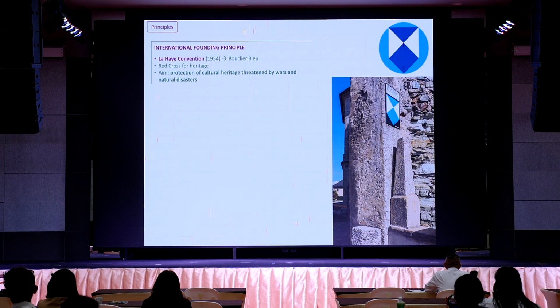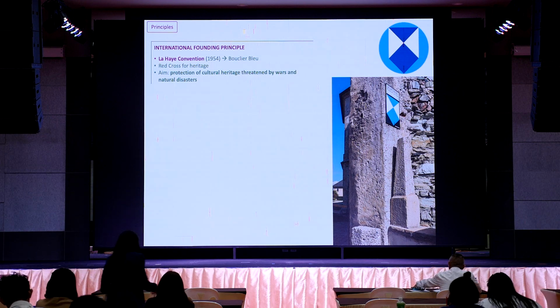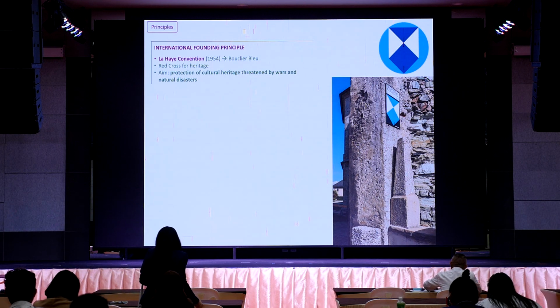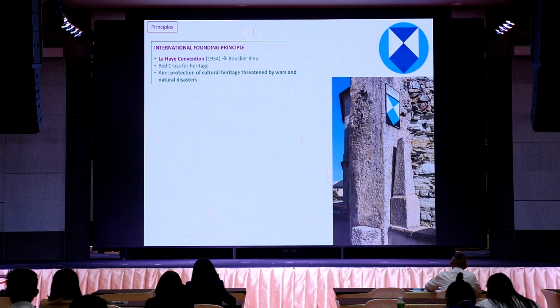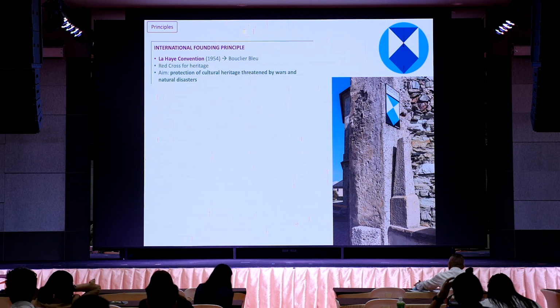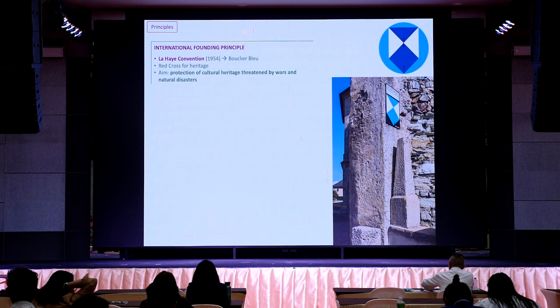To show this in case of emergency, they put this blue shield sign above it. So in case there is something, the firefighters know that this one has to be protected in priority. So this is quite an old idea, from 1954.